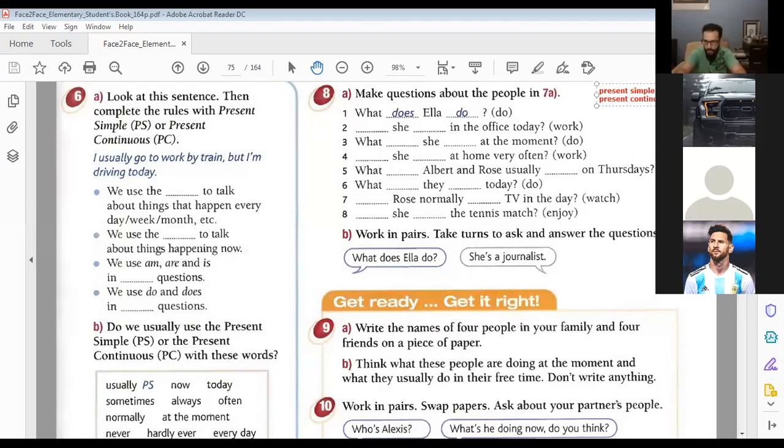All right, now number 2, Rashid, you can start with number 2. Read number 1 first and then do number 2, Rashid. What does Ella do? Okay.